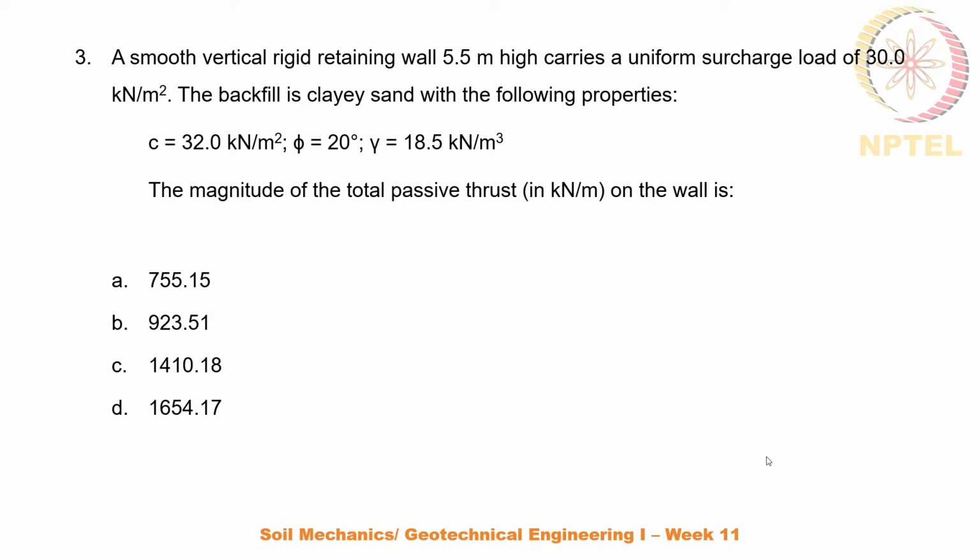C is equal to 32 kilonewton per meter square. Phi is 20 degrees. Gamma is 18.5 kilonewton per meter cube. The magnitude of the total passive thrust on the wall is.